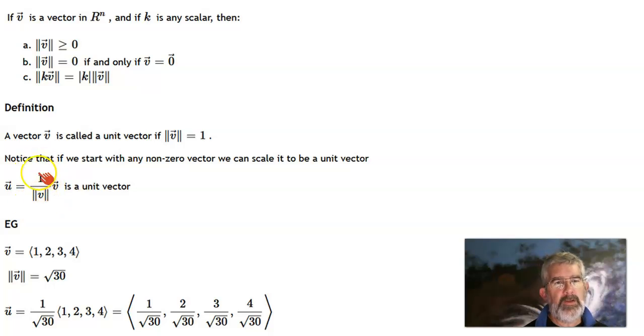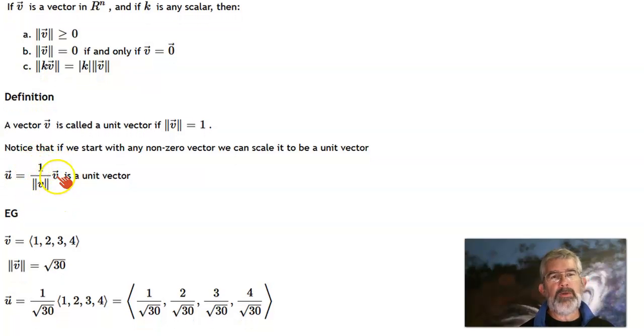The length of this thing would be the absolute value of this positive number times the length of the vector. So I'd have 1 over the length of v times the length of v, which would just be 1. And so any vector can be scaled up or down to be of length 1.